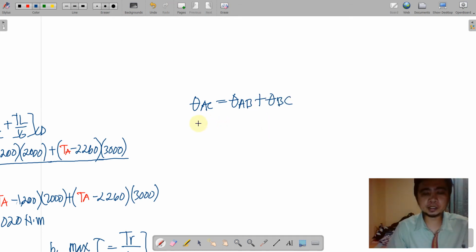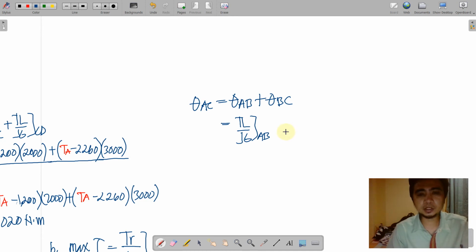And remember, that is no longer equal to 0 because AC is a portion on the segment that is not covered by the restrained support. The restrained support is actually on torque at A and on the edge of D. So theta AC is somewhere mid of the shaft, so there will be a value for this. We'll just compute it according to the formula.